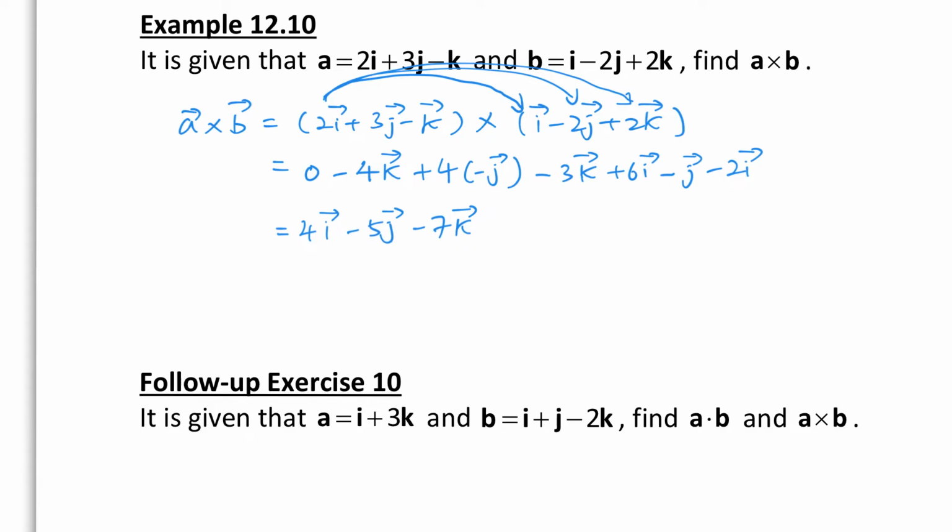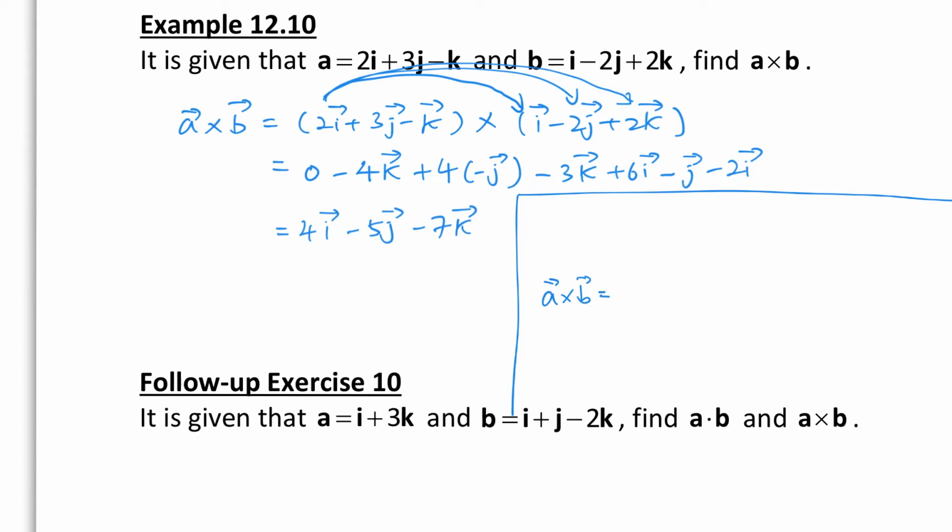But we have a shortcut method to find a cross b, because I'm sure you can find a cross b by using this idea, but maybe you will make a lot of mistakes. Then how can we find a cross b? We can make good use of a matrix.